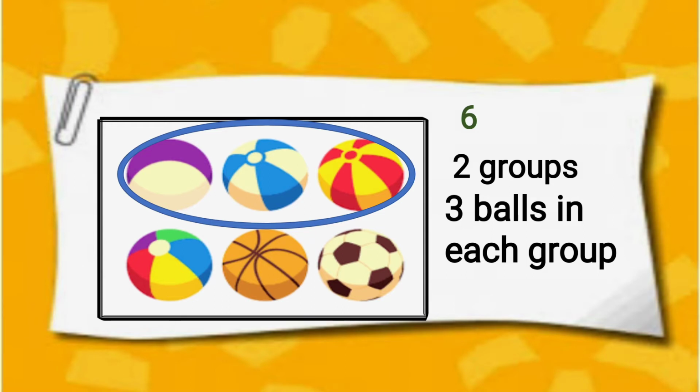There are 3 balls in each group. Three multiplied by 2 is equal to 6. In other words, we can say that 3 plus 3 is equal to 6.